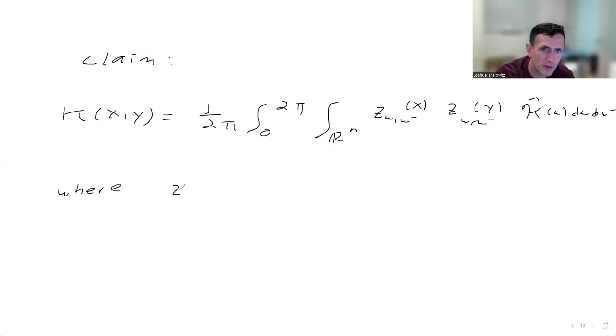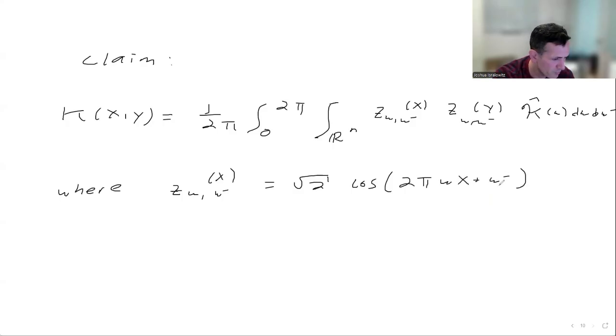So this here is going to be square root of 2 cosine 2 pi omega x plus omega.